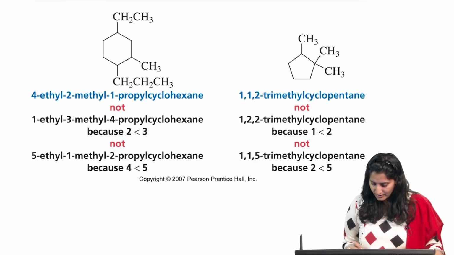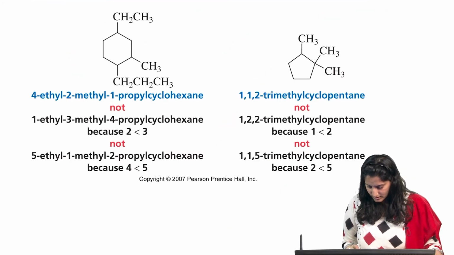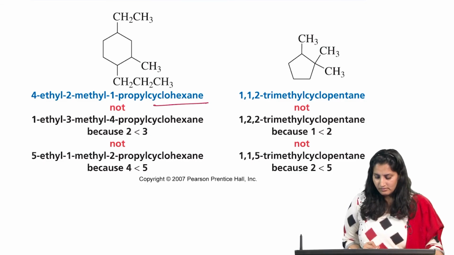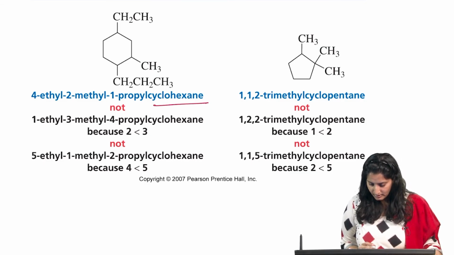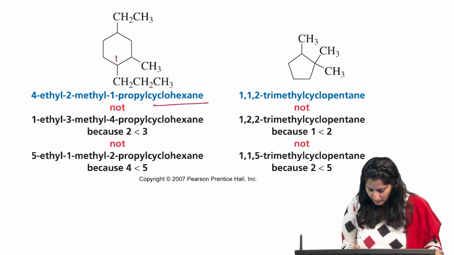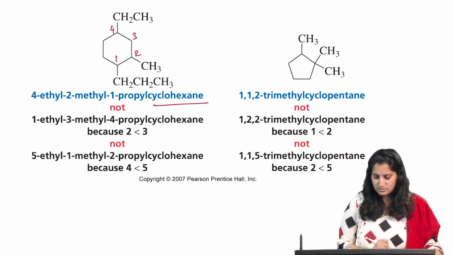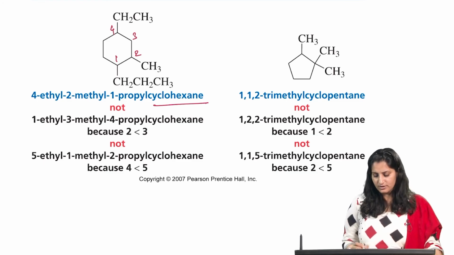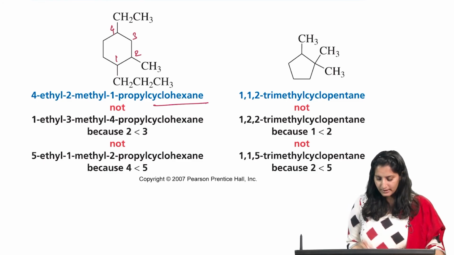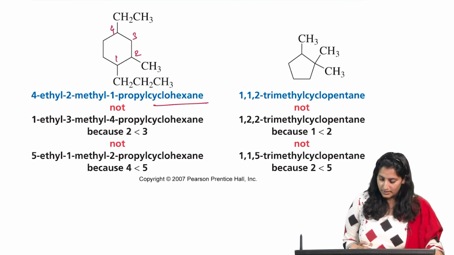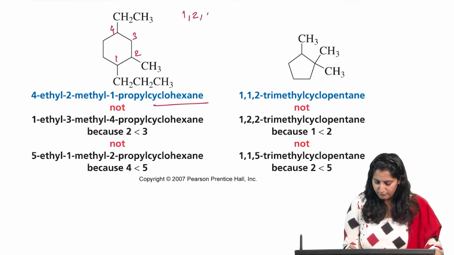So, now what I have here is a cyclohexane. So, that is okay. Then if I start numbering it, I can start numbering it such that I go 1, 2, 3, 4, that is one way, which gives me the very first option, 1 propyl, 2 methyl, 4 ethyl. Okay, so, the numbering is 1, 2, 4.